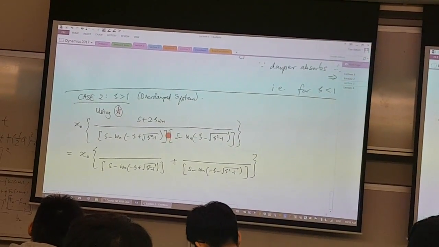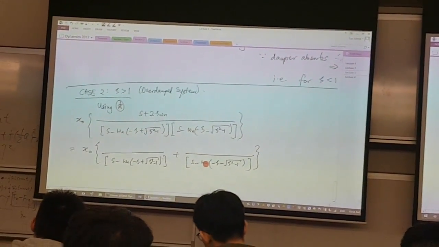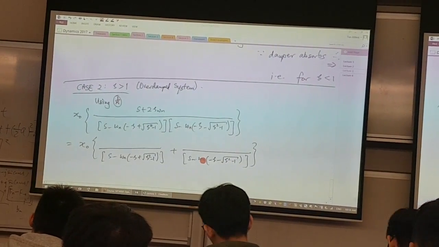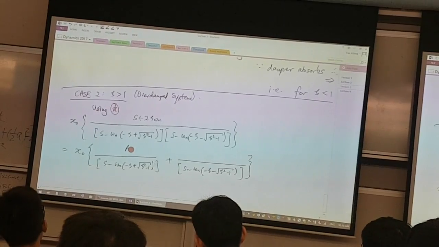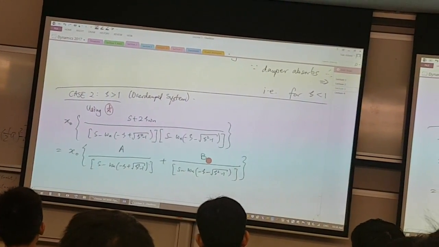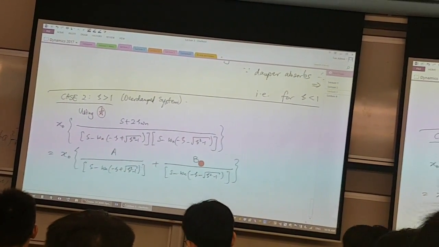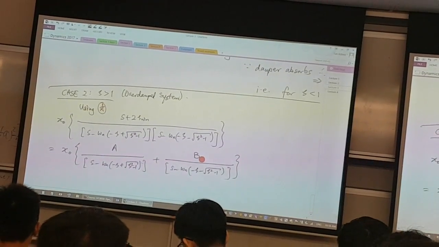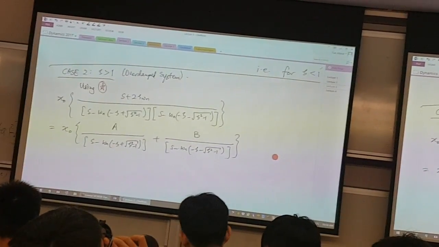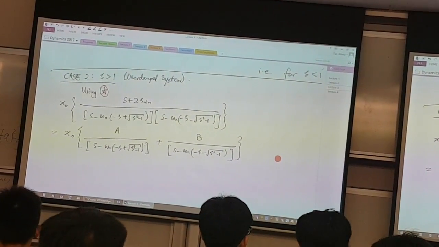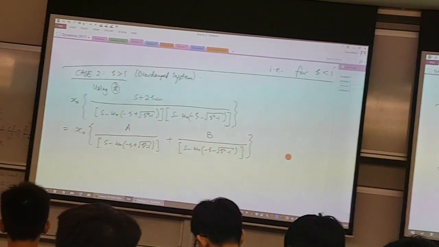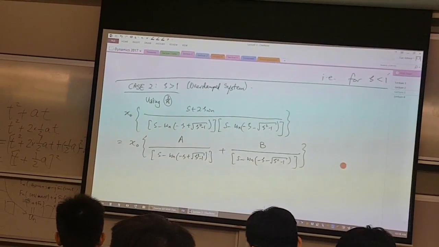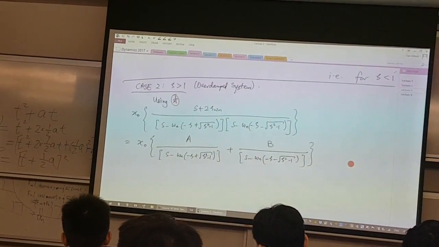We can actually split up this denominator in the following way, where this numerator here will be A, that numerator there will be B, and I'm going to find out what A and B are. In order to find out what A and B are, do you remember the mathematical tool that you would use to do that? That is partial fractions.